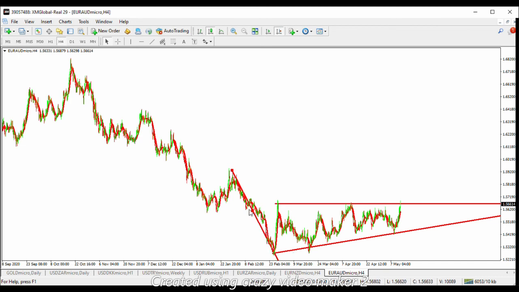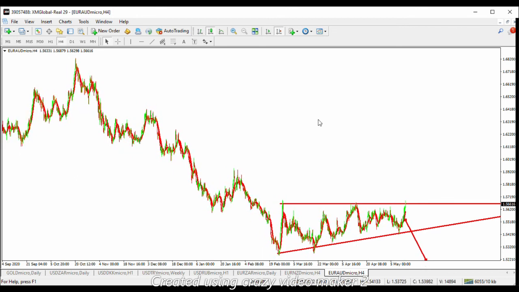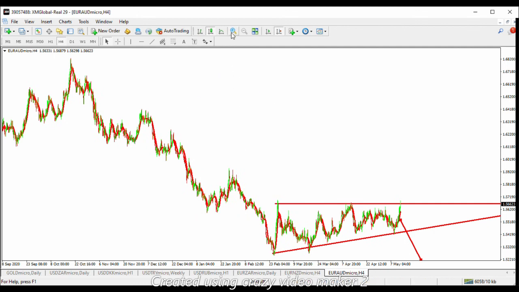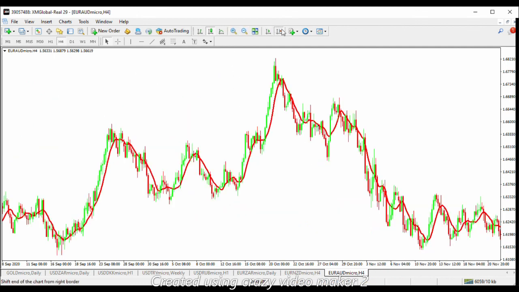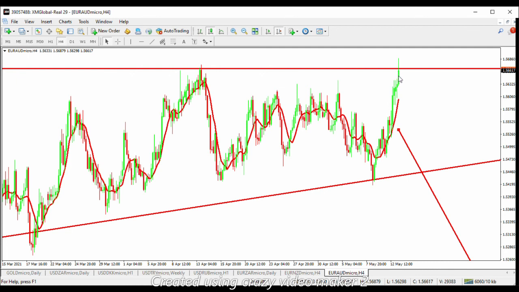So you would measure this pole here, and then you would measure from the bottom where it breaks out, right? So you could still place a sell there. I don't know if it's going to be correlated with the Euro New Zealand, in the sense that if you're buying Euro New Zealand, you might as well buy Euro odd, but it's not always the same that pairs are correlated. As you can see, Euro Rand is falling, yet US dollar Rand is rising.